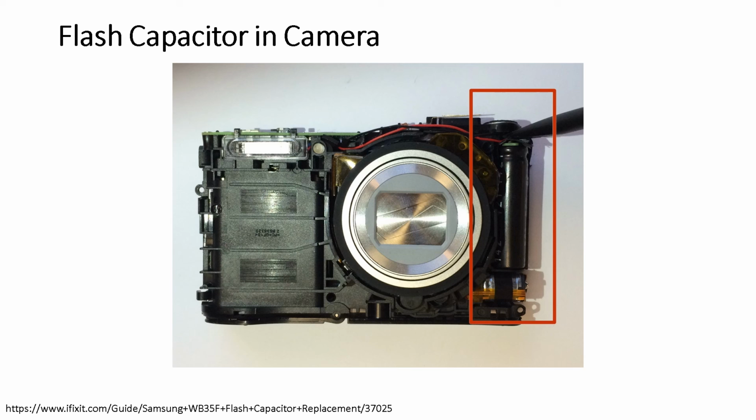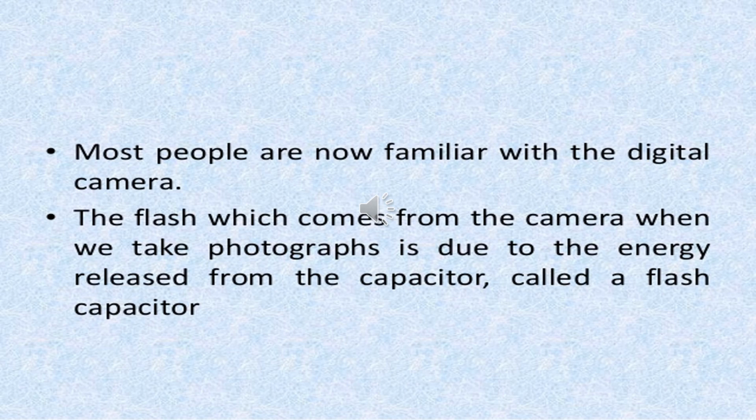The behavior of charges in the capacitor in the simulation is the same as how capacitance works in a camera, and why it produces a flash. Most people are now familiar with the digital camera. The flash which comes from the camera when we take photographs is due to the energy released from the capacitor, called the flash capacitor.